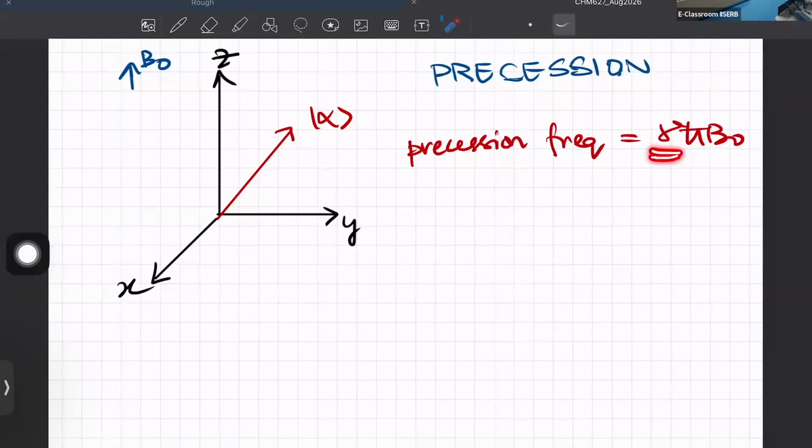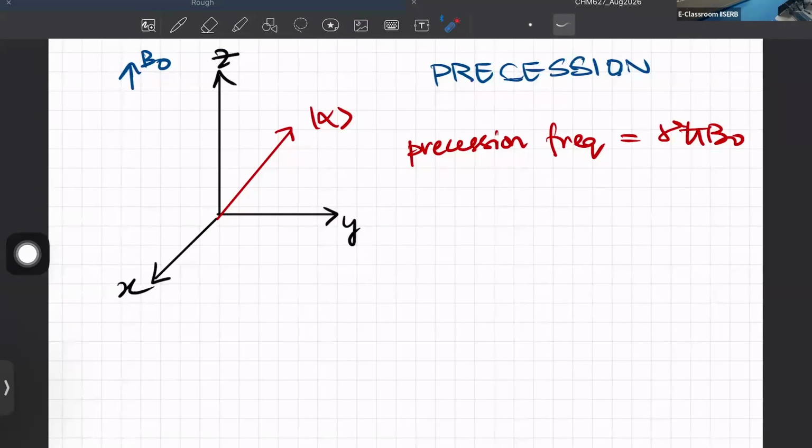So for a given spin with its gyromagnetic ratio suspended in a B naught, what's the frequency of rotation? The number of cycles it completes per second. So you can imagine if you suspend a spin half system like a proton in 11.74 Tesla, it undergoes 500 million rotations about the B naught axis. Does that make sense? That's 500 megahertz.